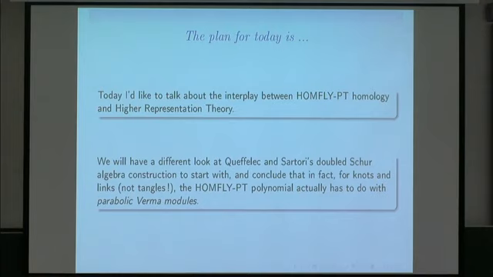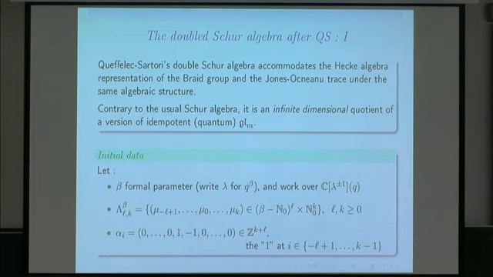that is called the double Schur algebra. And we'll see that for knots and links, the HOMFLY polynomial has to do with something called parabolic Verma modules. So let's introduce this subject gently.